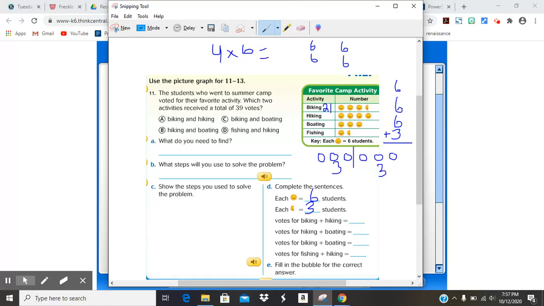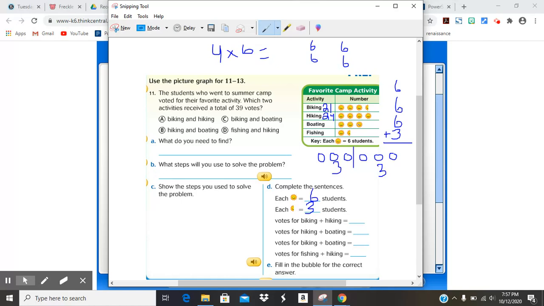And we've talked about that 6 plus 6 is 12. So this would be 12. 12 plus 12 is 24. So our hiking, we're going to have 24.